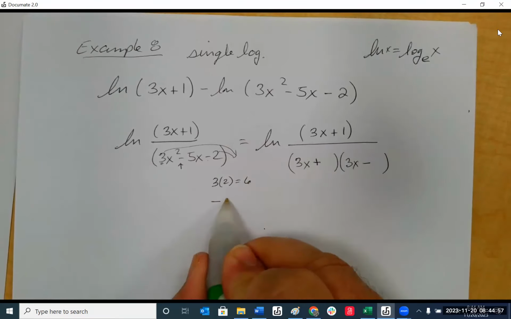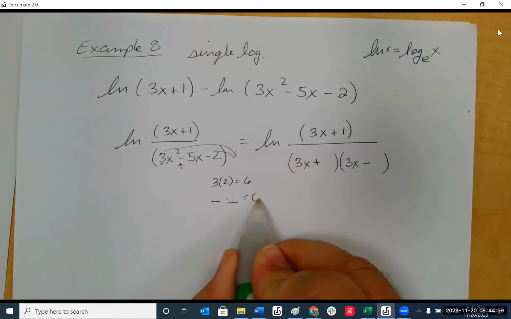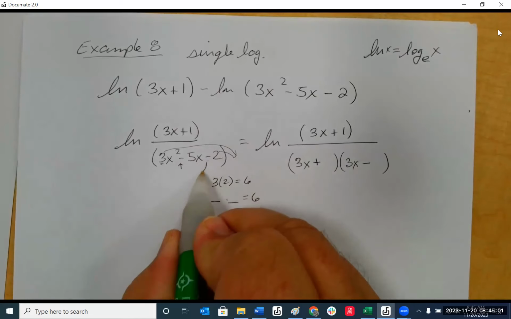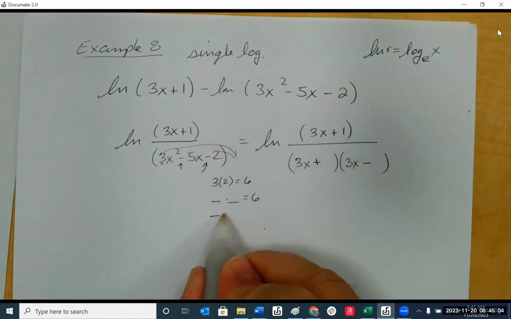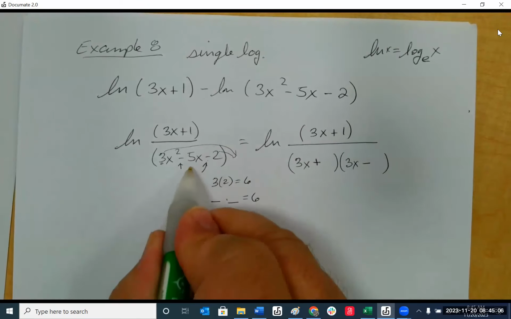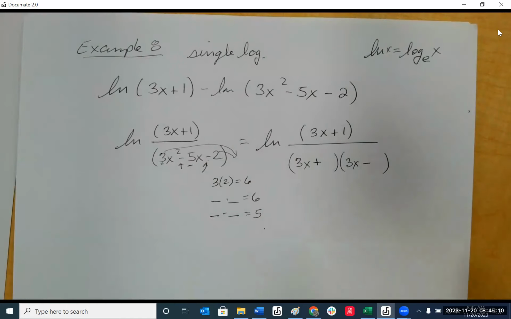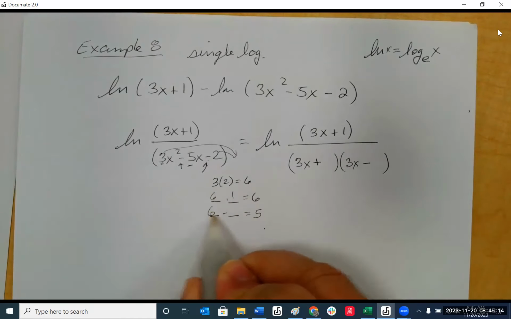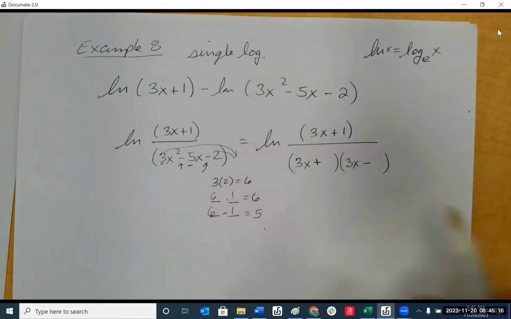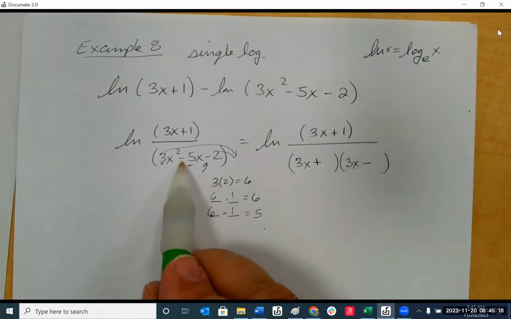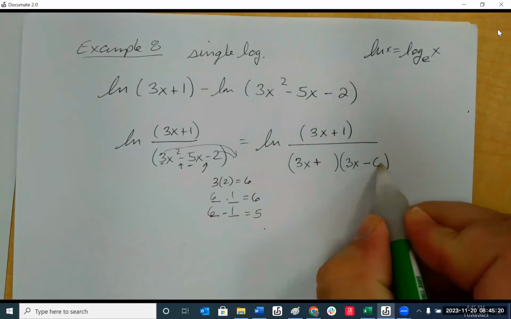We have to figure out what two numbers multiply to equal 6, and when we subtract them, it equals 5. Six times 1, 6 minus 1. Very good. And since the first sign's a minus, the 6 goes to the minus.